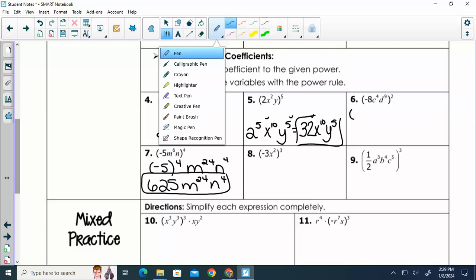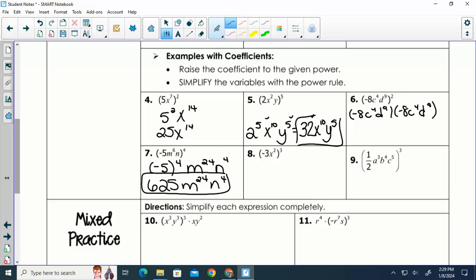Okay, so number 6. If you needed to, you could realize this, the square is essentially saying we have this parenthesis written 2 times. So if you want to work through it, you have -8 times -8, which becomes positive 64.